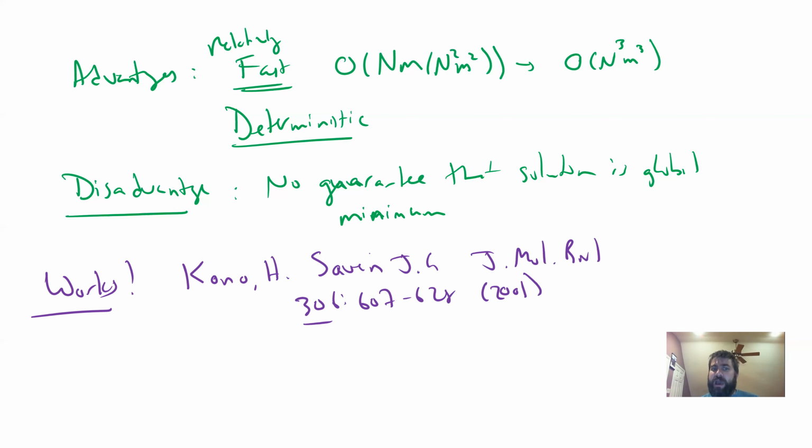This work was pioneered by Jeff Savin, who's at University of Pennsylvania. And there was an application, probably the most notable initial application of this method, a few years later in PNAS.